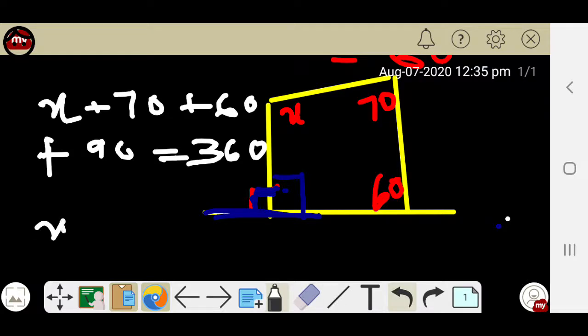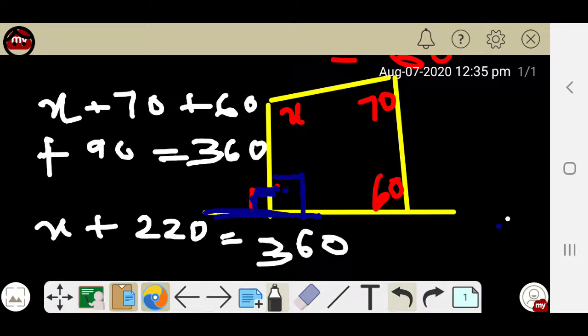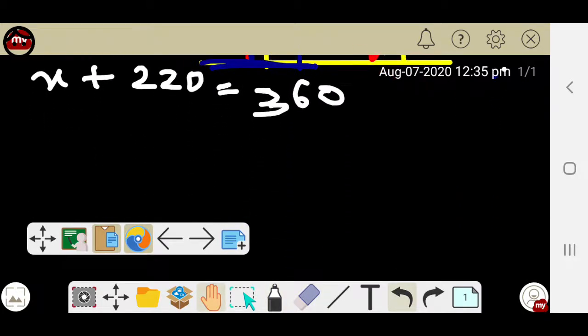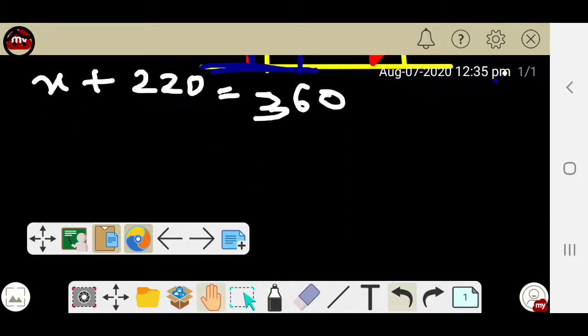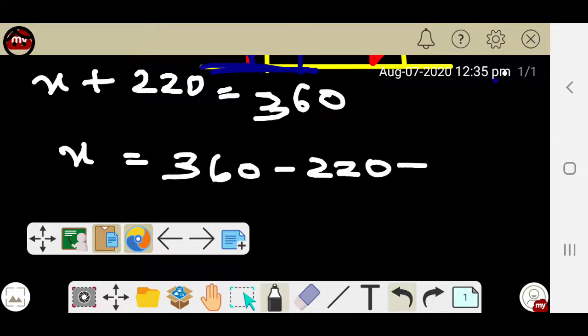So x plus 220 equals 360. So x equals 360 minus 220, which is 140.